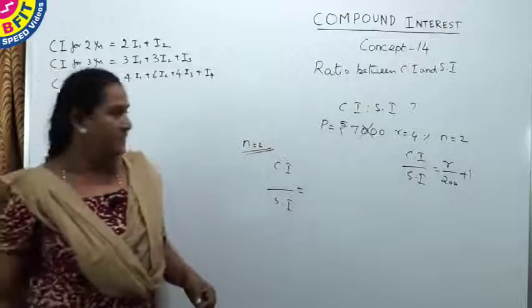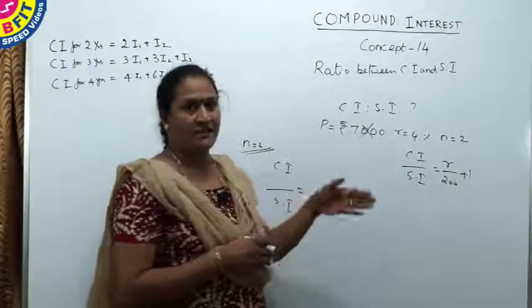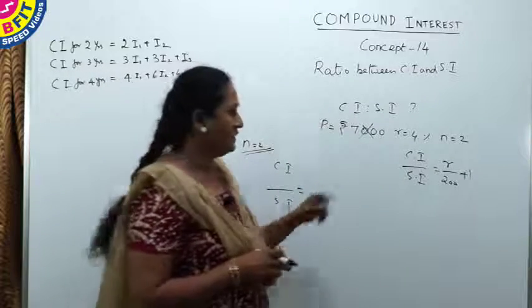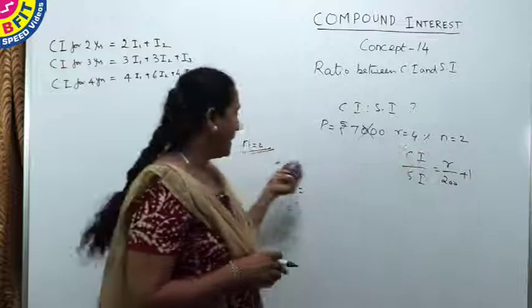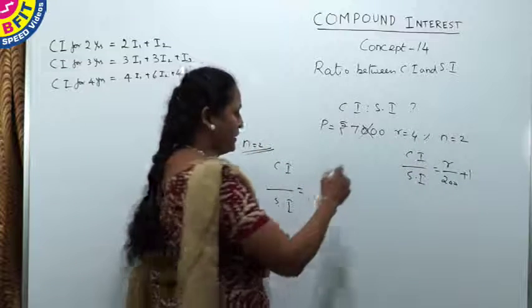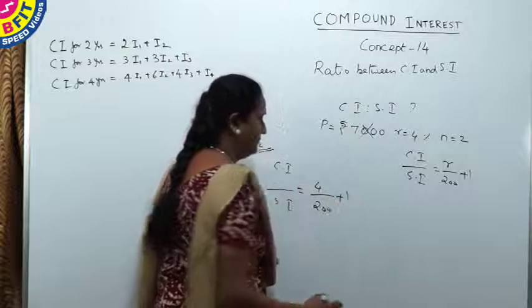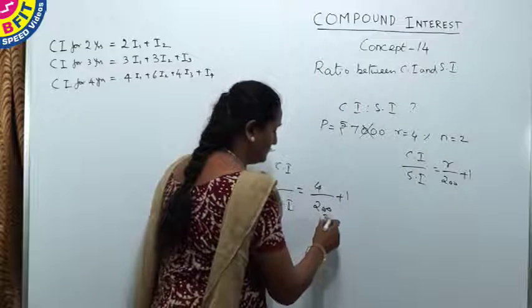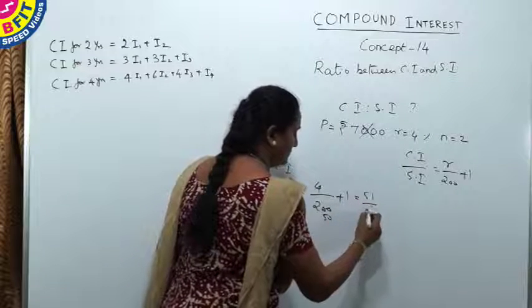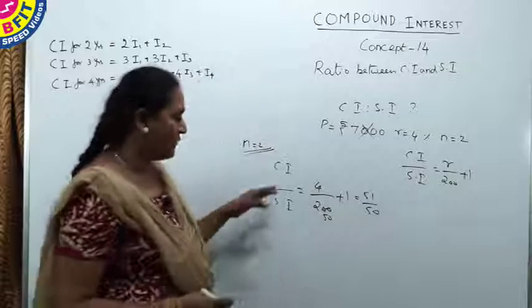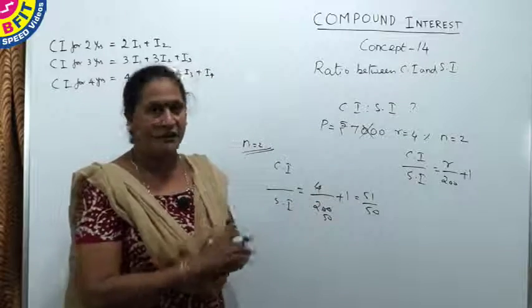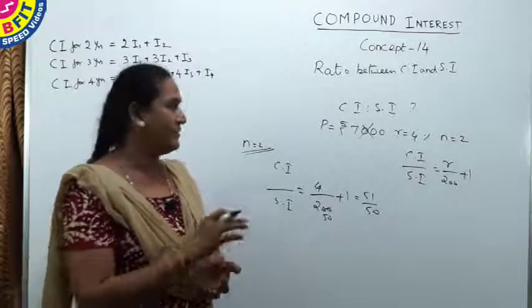The question here is, what is the ratio between CI and SI for a sum of 7,000 at 4% for 2 years? They have asked for 2 years, so the ratio will be R by 200 plus 1. Within seconds we have got the ratio as 51:50, and the answer is also 51:50.